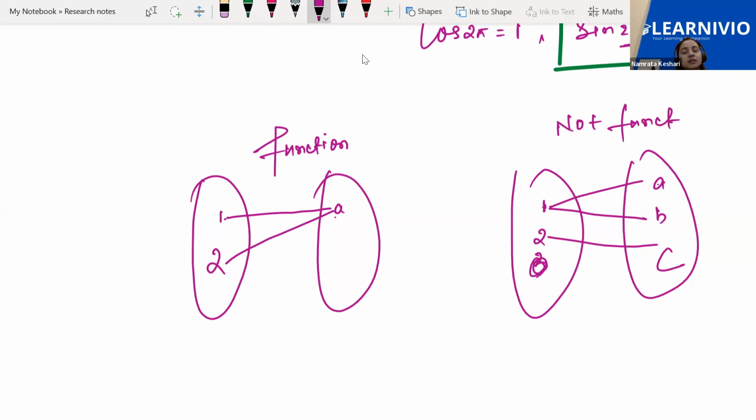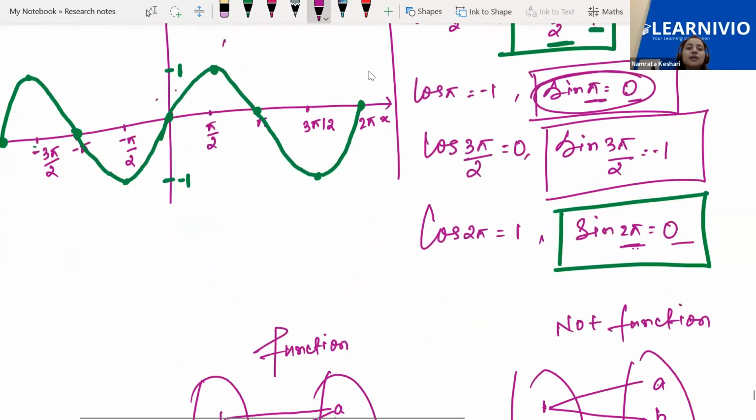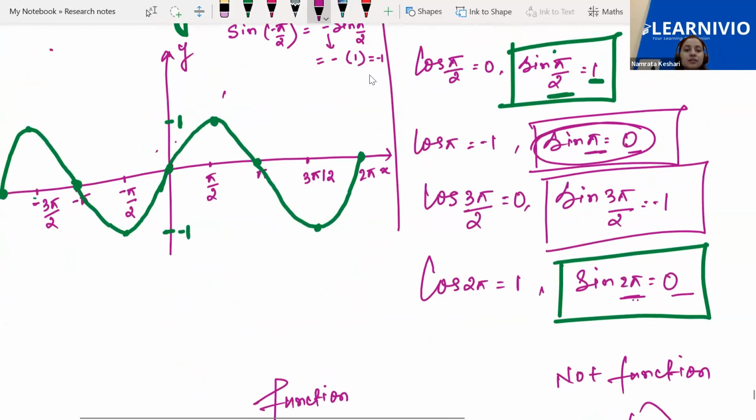Now, is the sine ratio, the trigonometric ratio, qualifying the criteria of a function? Why are we going to call it a function? Let's check it. When x is pi, and y equals sine x, what is the y value? When you take x as pi, y comes out as 0, right?